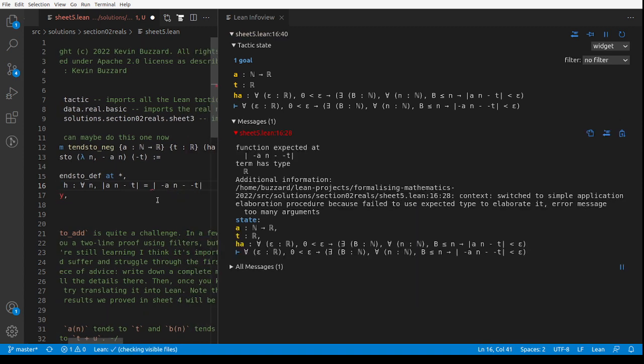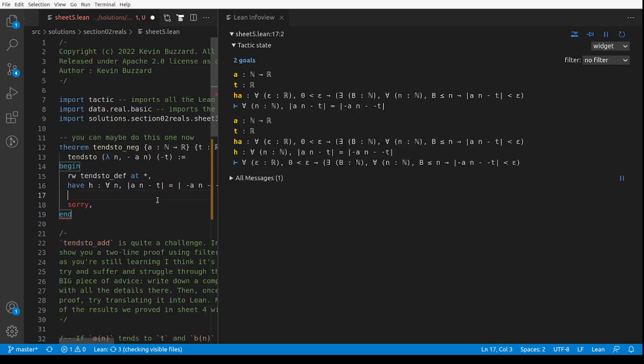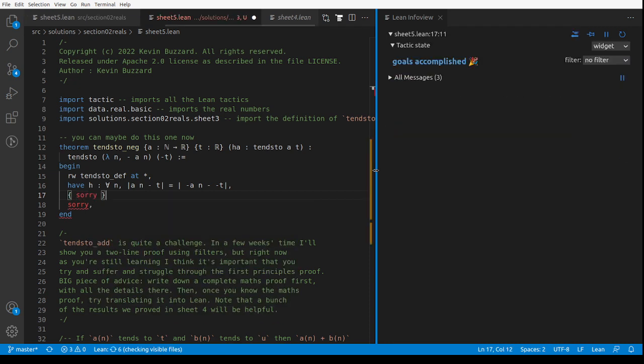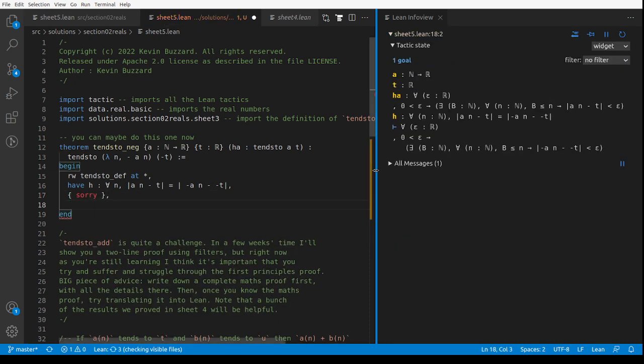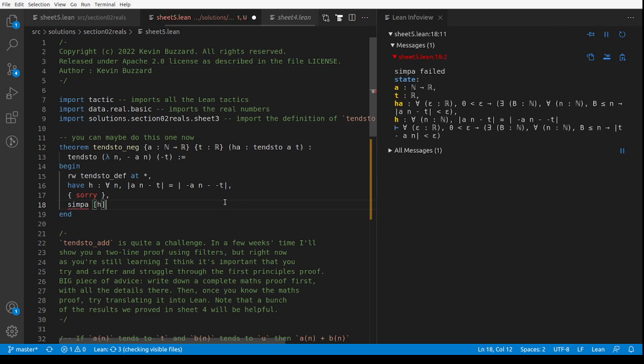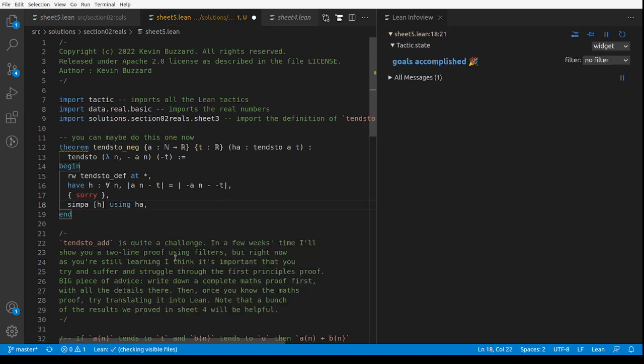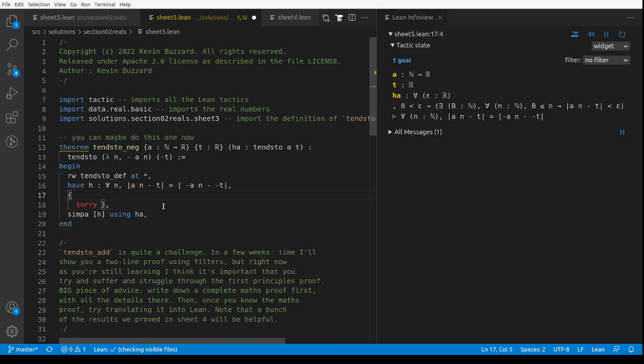There we go. That's the thing we're missing. So let me sorry that for a minute. And now the goal is exactly the hypothesis ha modulo this hypothesis h. So maybe I could do simp [h] using ha. Does that do it? There. So that solved the goal modulo this kind of irritating thing.